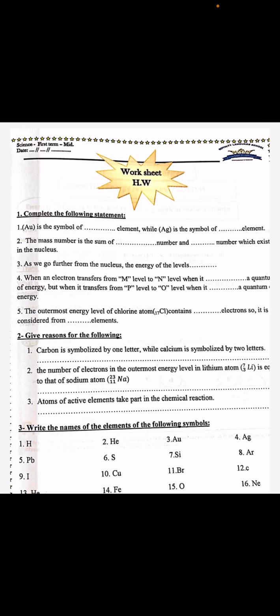Number 2, the mass number is the sum of the protons number and the neutrons number.